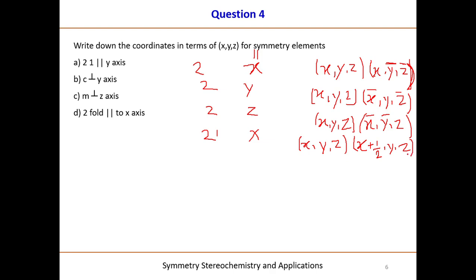Correct? This is the x, y, z coordinate for the first example of the first question. So this is the answer for the first one.